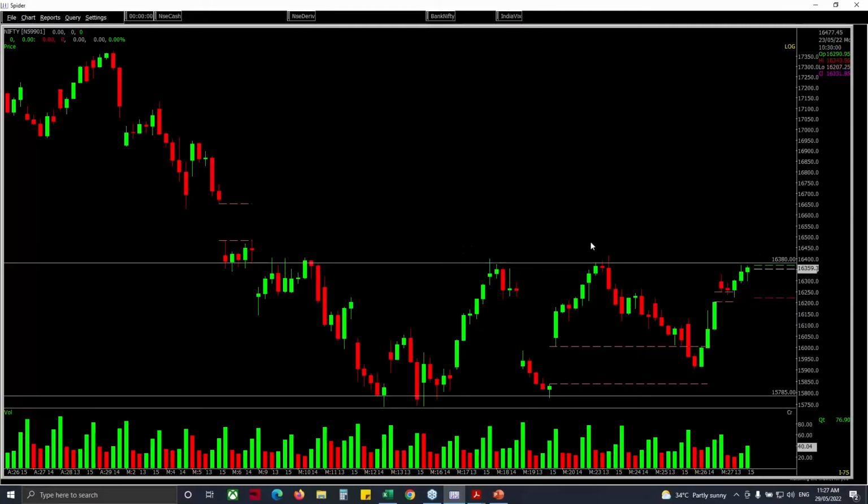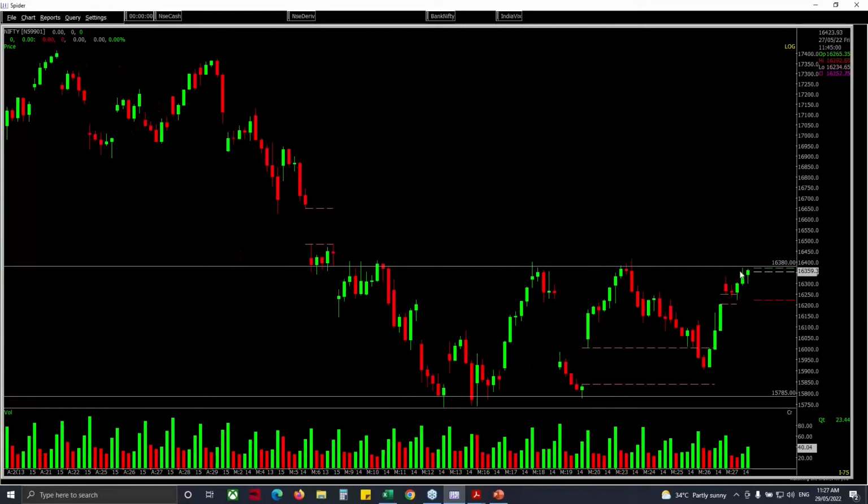So again a similar view. If we close above this level, we might expect more upside. Our students are very much aware that this is a rectangular pattern. A rectangular pattern can give the breakout at any time. Expect the minimum size of the rectangle for the targets.